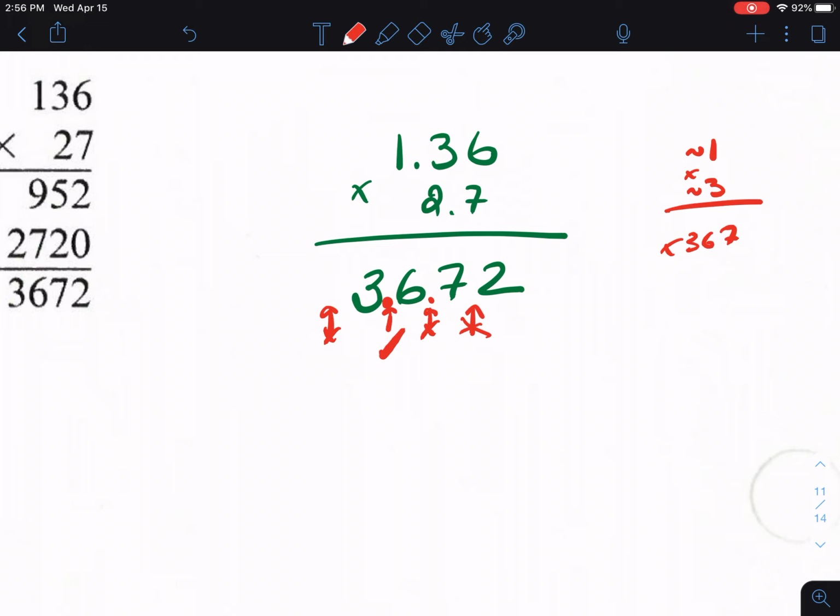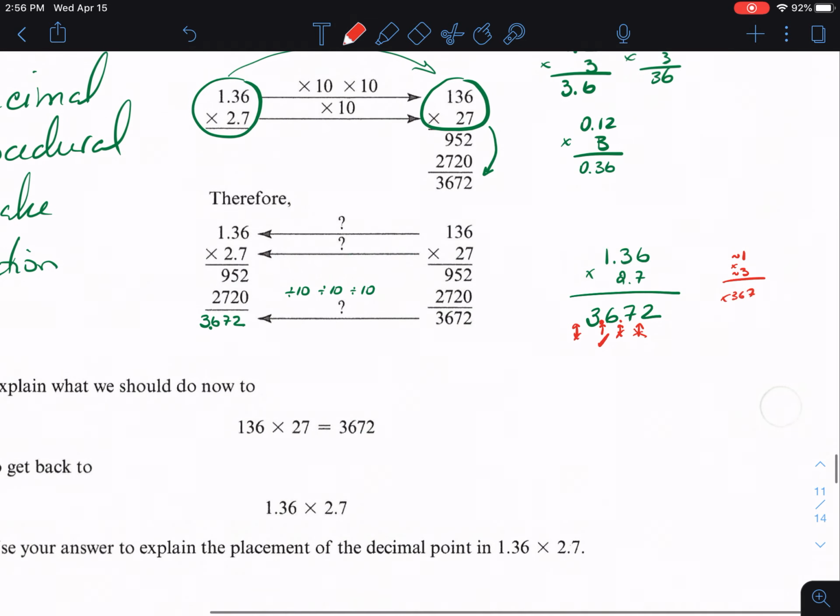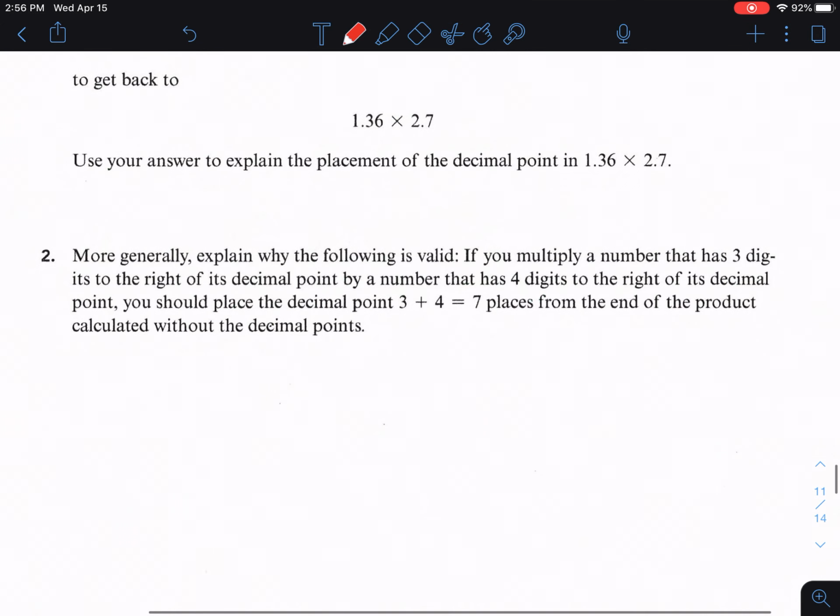But by using number sense of what the value of those numbers are, you should be able to identify where that decimal point will go, and what place values are represented by those digits. And then using that, you can make sense of why the decimal place rule works for multiplying decimals.